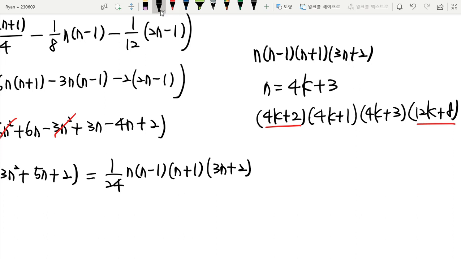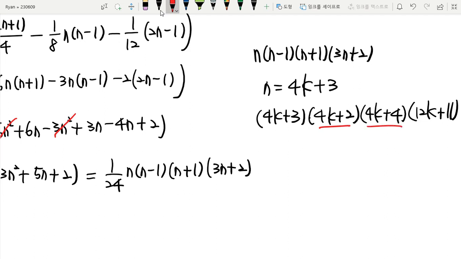So finally, when n is 4k plus 3, this one again, I mean this is an even number and this is a multiple of 4.